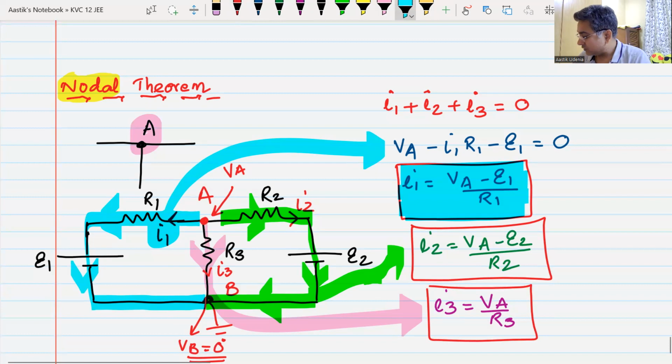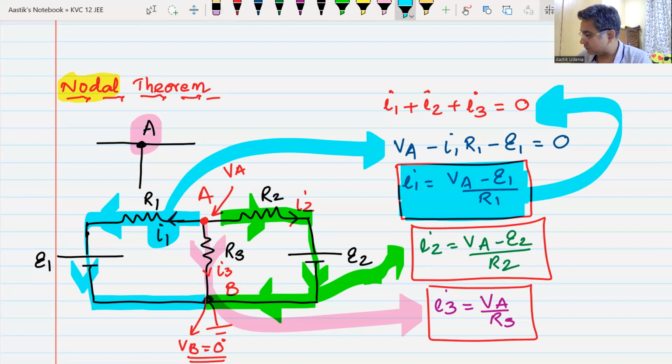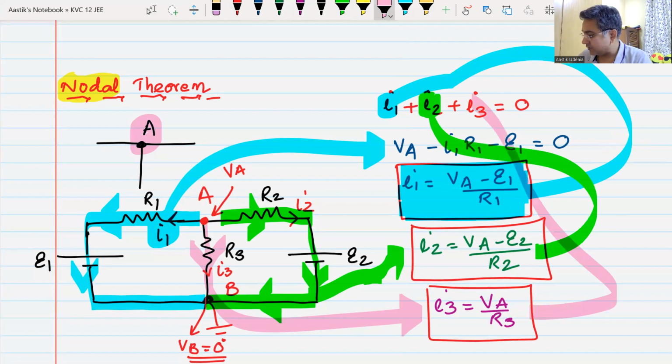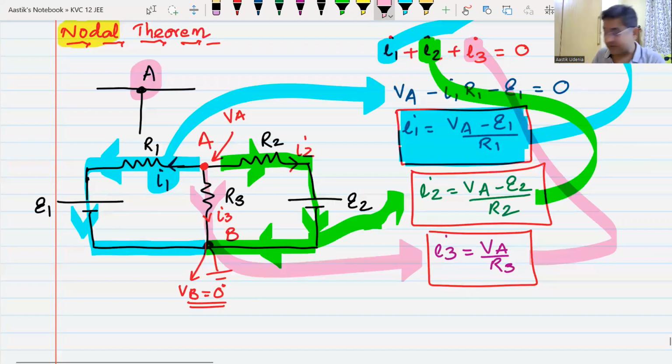Now I can put this one here, this one here, this one here, and this one here, and straight away get the value of VA, which is the only unknown in the entire case.